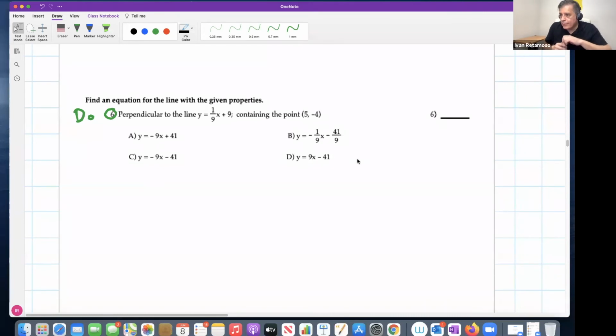Just do the computations carefully and that's all right. Hint, pay attention to the slope of the given line. But since now we are dealing with perpendicular lines, we gotta do two things to this. We gotta flip and we gotta change its sign. Remember that.